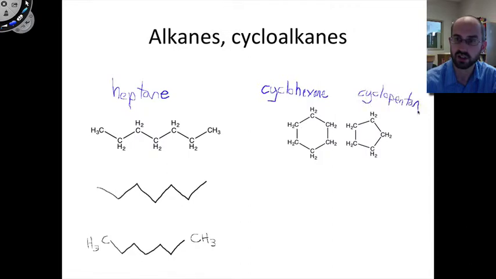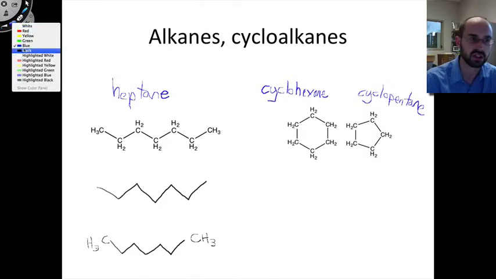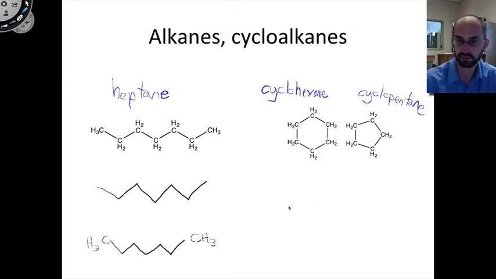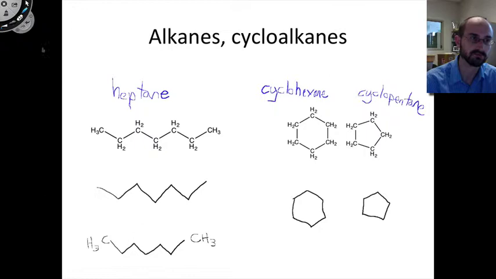So that's very straightforward. If it's a ring instead of linear, you just add the prefix cyclo. To draw this in line angle, you just make a hexagon for cyclohexane and a pentagon for cyclopentane. All right.